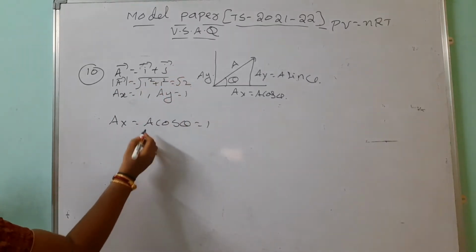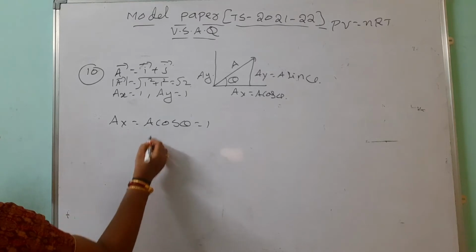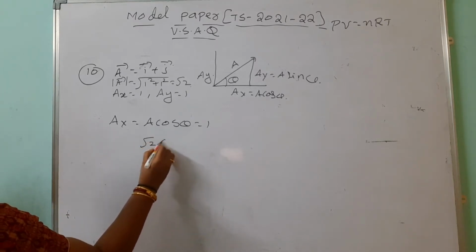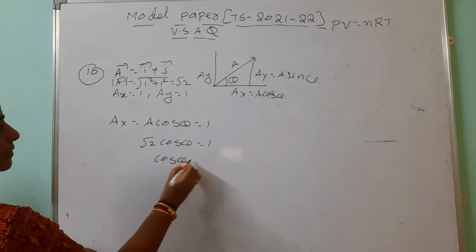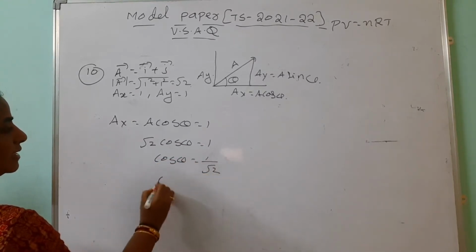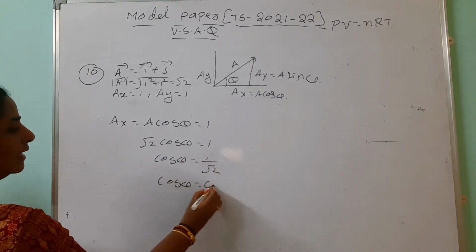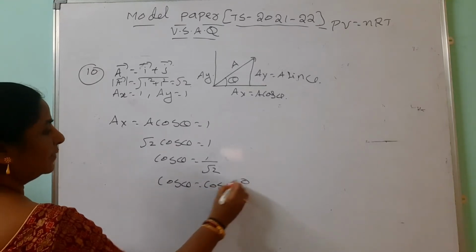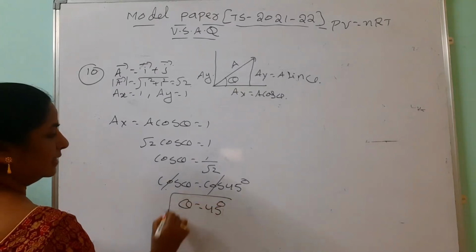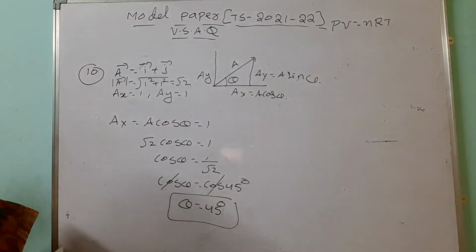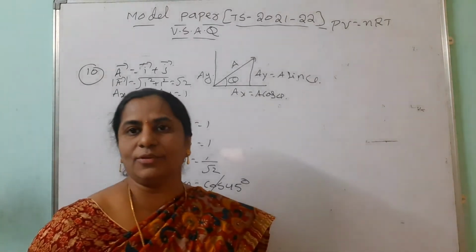Now substitute in this. A cos theta equals to 1. Instead of A, what we are writing? Root 2 cos theta. Here 1. Then cos theta equals to 1 by root 2. Instead of 1 by root 2, what we are writing? Cos 45 degrees. Cos cancel. You are getting theta equals to 45 degrees. This is our 10th question. Previous they were giving only 10.